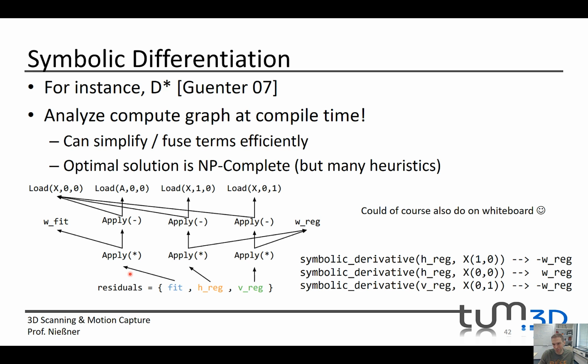Rather than doing it on a whiteboard, let's have the computer do it for us. The simplification, by the way, is NP-complete. It's not so straightforward, but there are a lot of heuristics to do it well enough. Ideally, you always want to do symbolic differentiation, but it depends on the compute or the programming abstraction that you're using, whether it's actually doable.